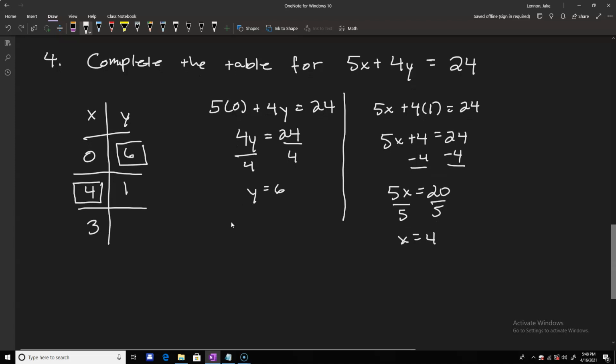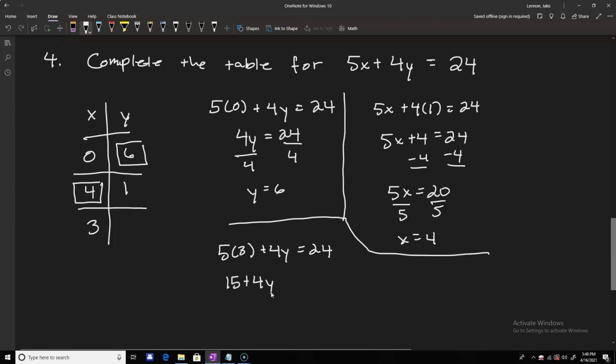And then the last one we would want to complete with x being 3. So let's do that again. We're going to replace x with 3 now and solve for y. So we would end up with 15 plus 4y equals 24. Then we need to subtract 15.